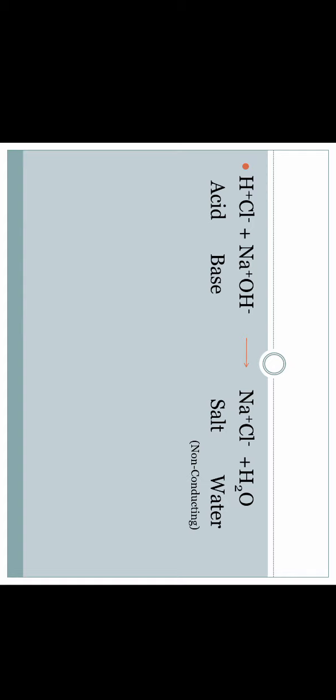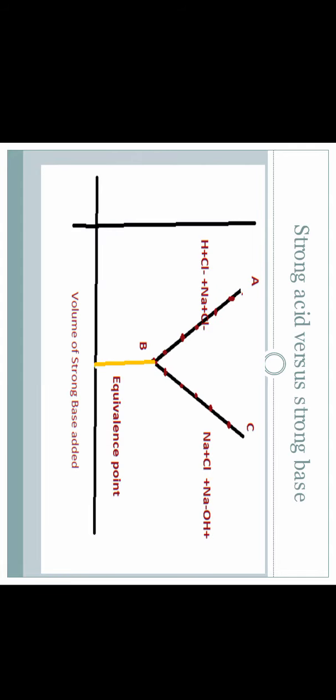We will see the reaction. The strong acid is split into H plus and Cl minus. When it reacts with the strong base, Na plus and OH minus, it forms Na plus Cl minus and H2O. Now see this graph: AB shows the acid reacting, with NaCl forming. How is NaCl formed?